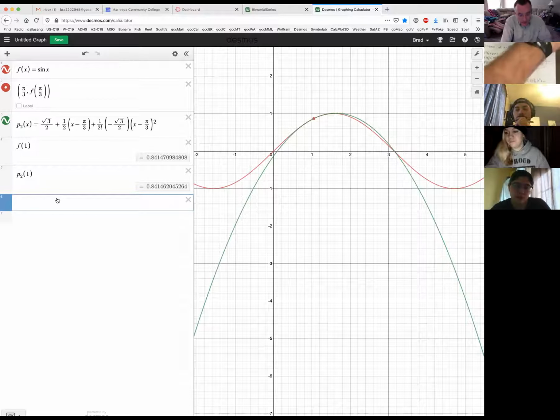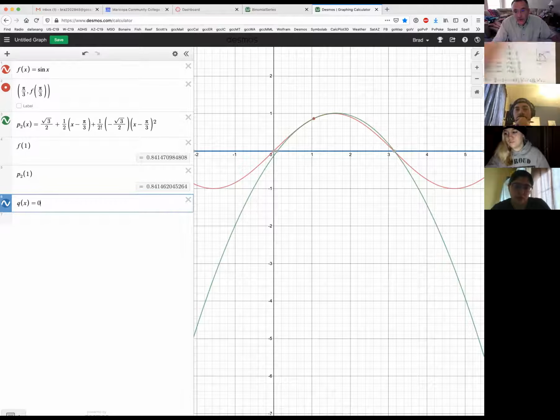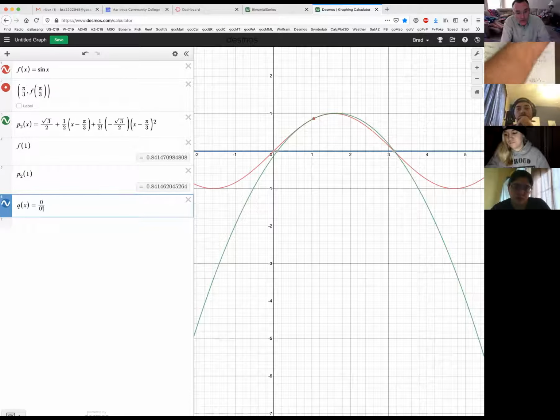Okay, so I'll call this q of x. So q of x equals 0, it agrees. And then you stick in 1. So the cosine of 0 is 1, yeah? So this is 0 over 0 factorial times x to the 0, boring. Okay, now what's the next one? It's 1 over 1 factorial times x to the 1.